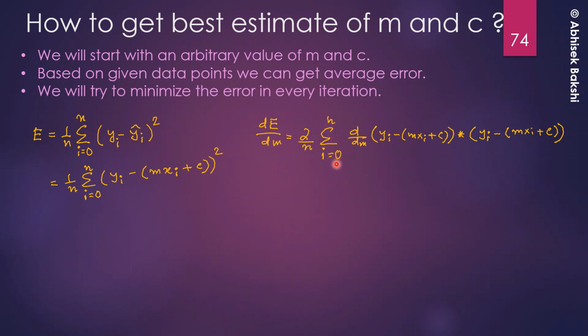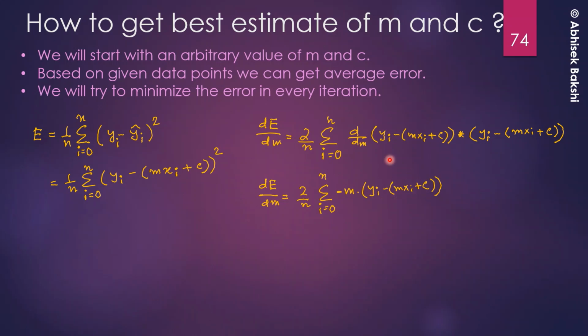Now see, for this part, yi minus mxi plus c, we will have a partial differentiation that we all know. So d by dm of this multiplied by this one, right? And if I continue this partial differentiation, as a result, the derivative of error with respect to m, we will get minus xi multiplied by yi minus mxi plus c.